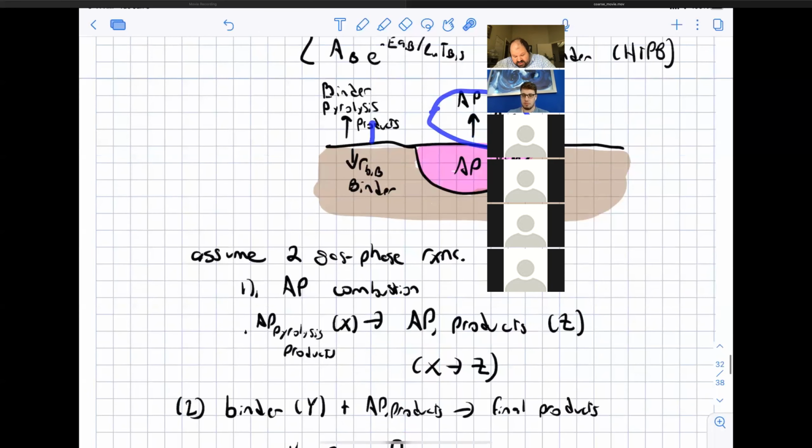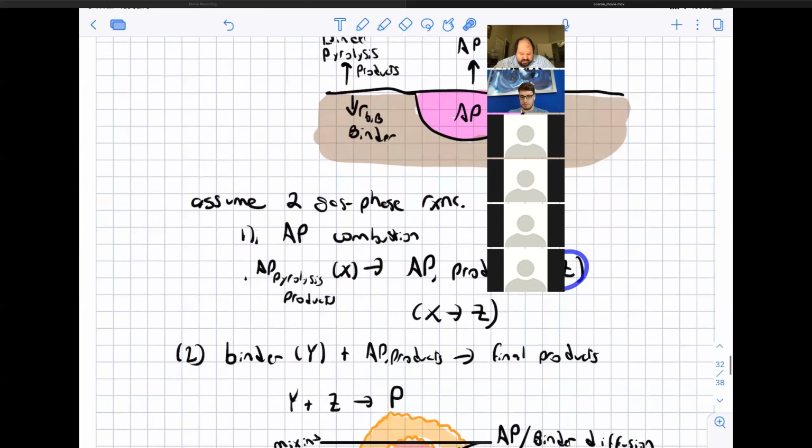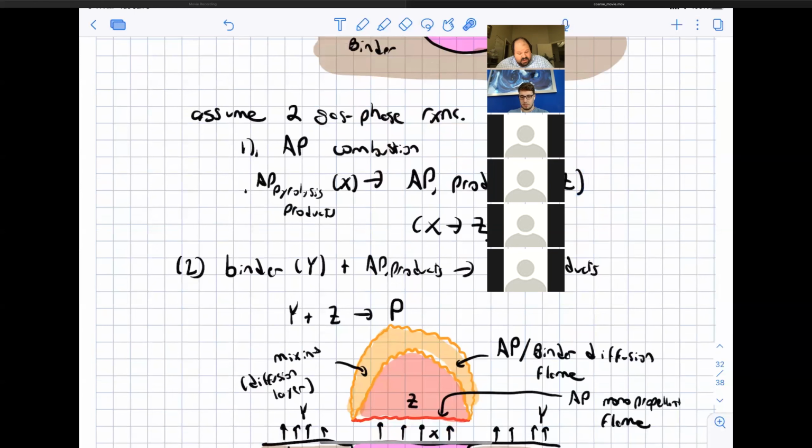Okay, so now that takes care of this. Now on this side over here, we have very fuel-rich, high temperature pyrolysis products from the binder that are basically going up. And those can react with the final combustion products of the ammonium perchlorate, Z. So basically, he has another gas phase chemical reaction mechanism for the binder pyrolysis products, Y, plus the AP combustion products going to the final combustion products.